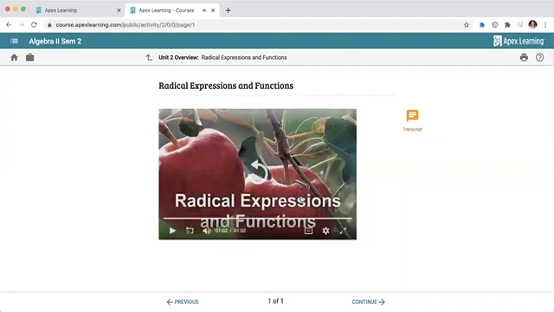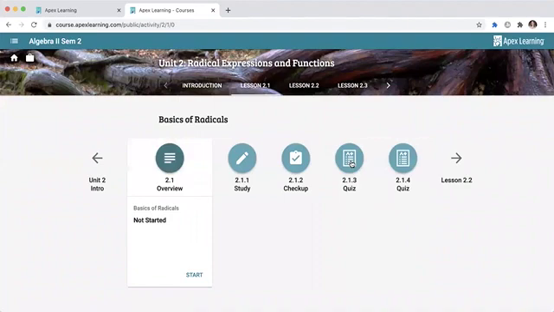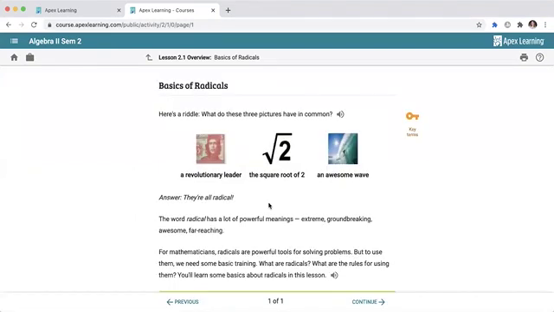Okay, so just a quick overview there. We're going to focus a lot on radical expressions and functions, and hopefully you picked up that little key there. Radicals are just a different form of exponents. But we'll start off here with the basics of radicals.